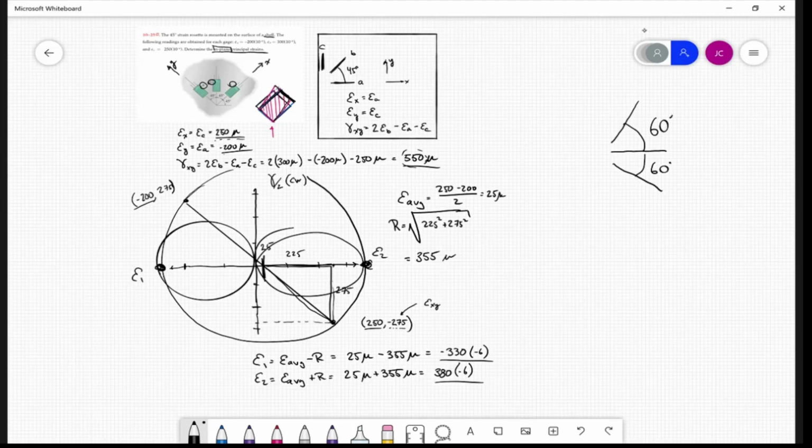Now, if you have a rosette that looks like this, which is 120 and 120, let's say this is A, B, and C. Those two are identical. They behave exactly the same.